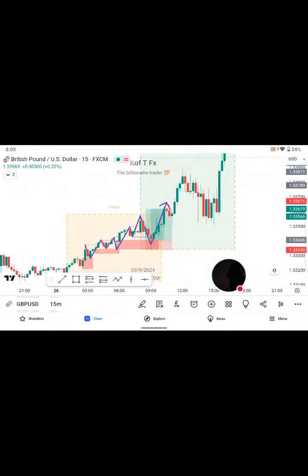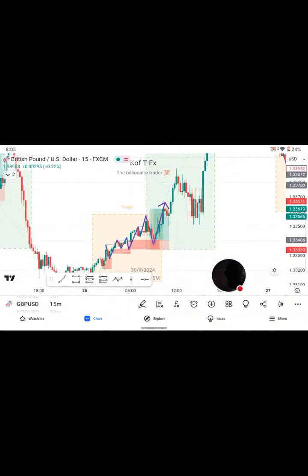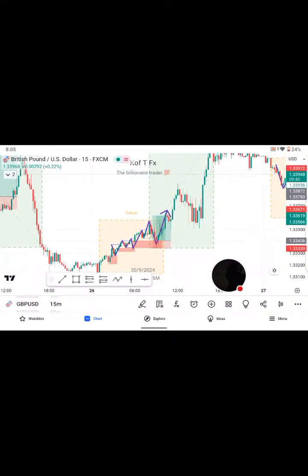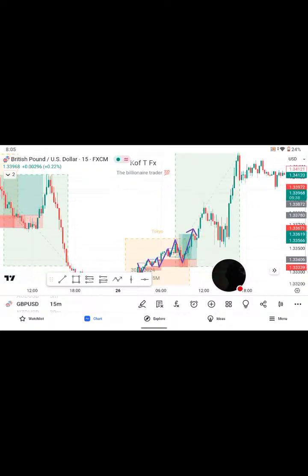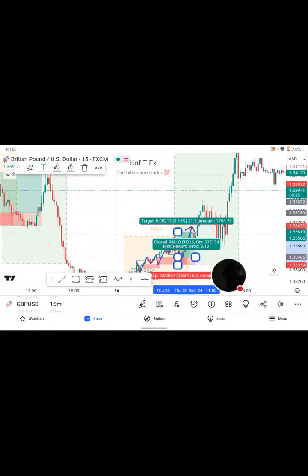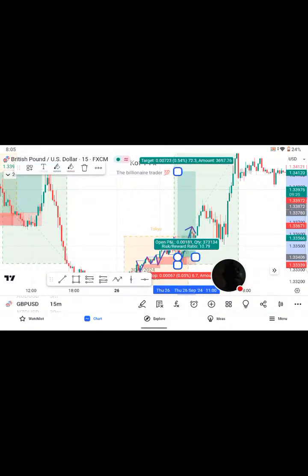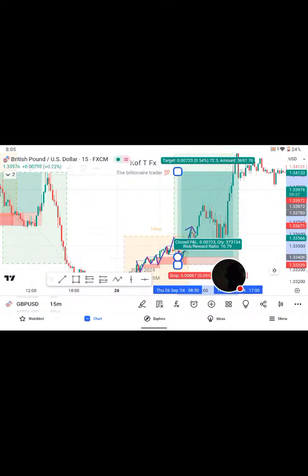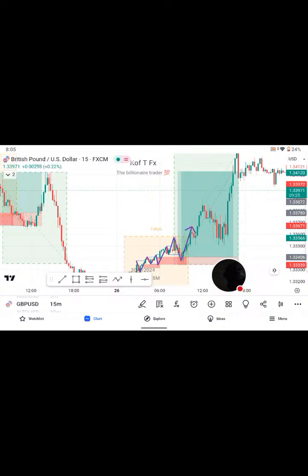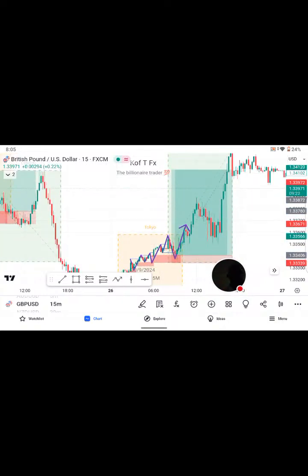There is another thing I actually discovered based on this setup. If there is an opposing high or low for the POI, there is a tendency for price to actually take it out. For example, this high, the opposing high there, as you can see, price actually went that high and took it out. Based on the results, targeting 3R is fine, and targeting the full TP is also fine.